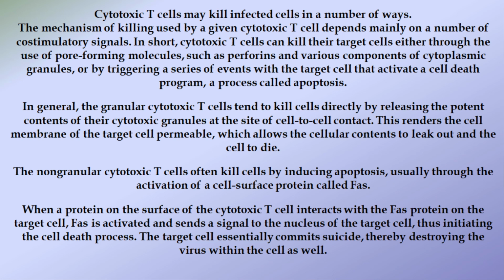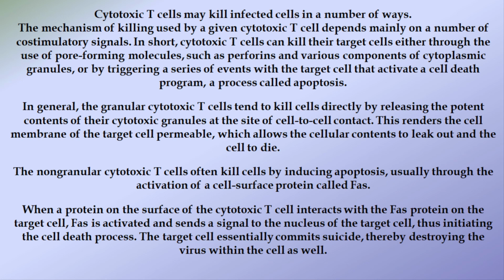The mechanism of killing used by a given cytotoxic T cell depends mainly on a number of co-stimulatory signals. In short, cytotoxic T cells can kill their target cells either through the use of pore-forming molecules, such as perforins and various components of cytoplasmic granules, or by triggering a series of events with the target cell that activate a cell death program, a process called apoptosis.